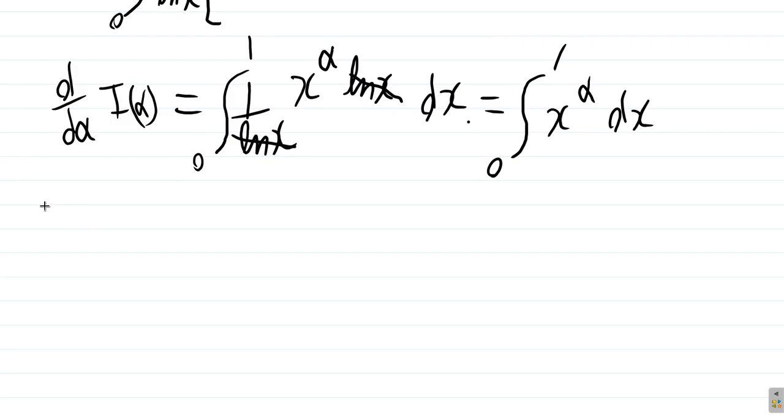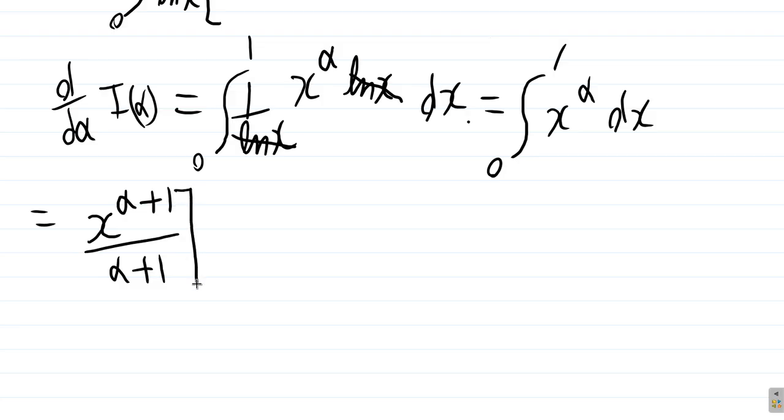Now that you're integrating that, what you have when you integrate this is x to the power of alpha, add 1 to the power to get a new power, and divide by the new power, right? And you're going from 0 to 1.